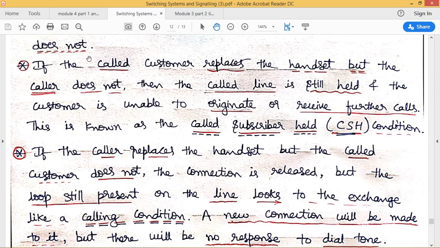This line from the called person to the telephone exchange will still be held on, and the customer is unable to originate or receive further calls as long as the caller holds the handset.